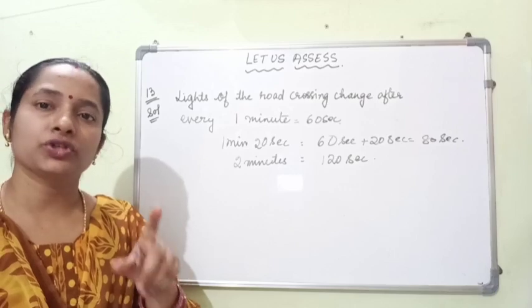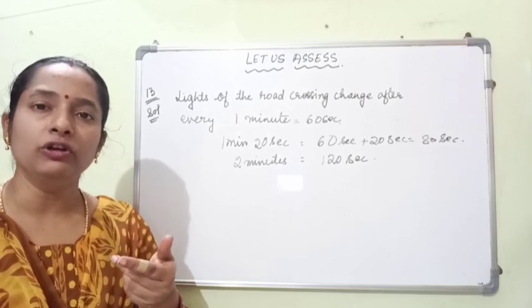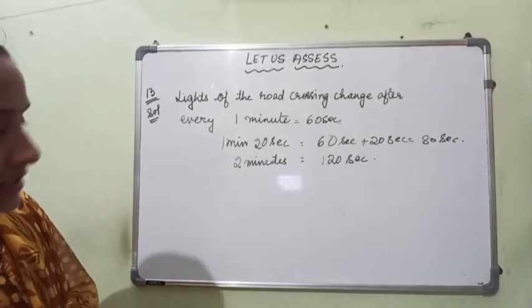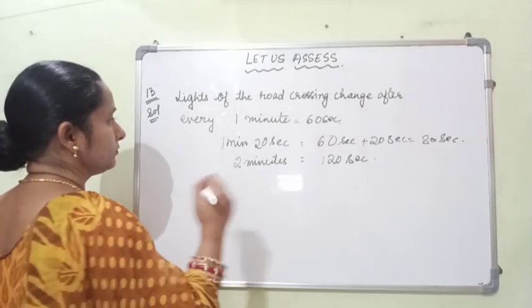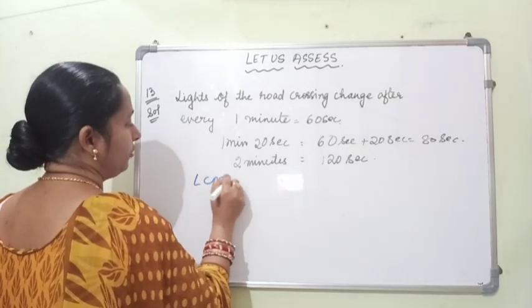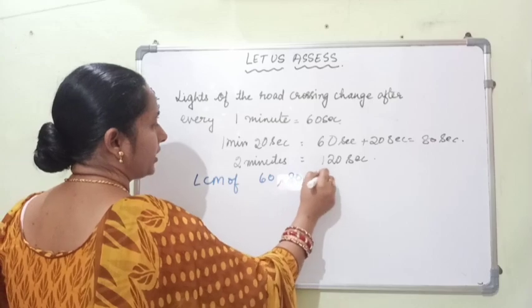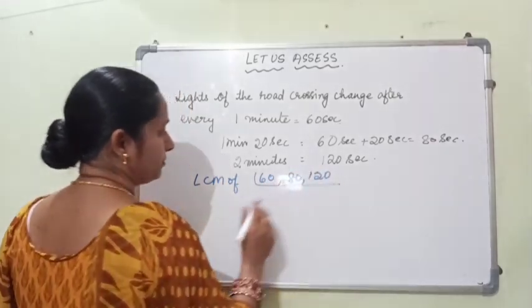So this means we are going to find the LCM of these numbers. So let us find the LCM of 60, 80 and 120. Let us find by the short division method.